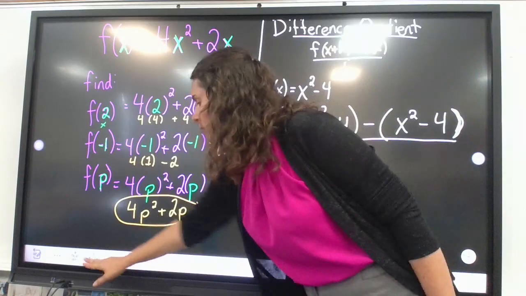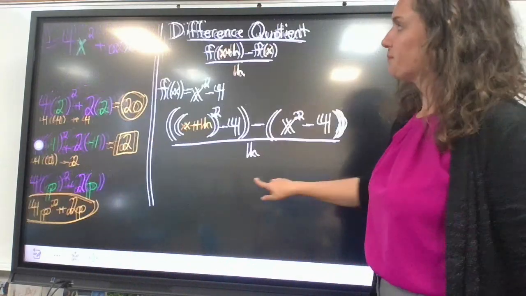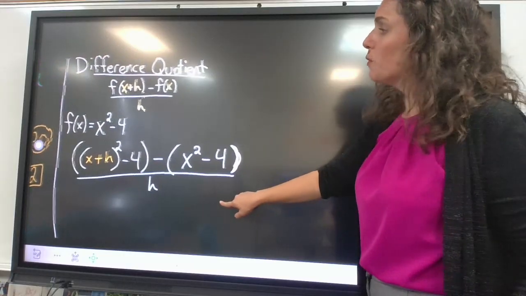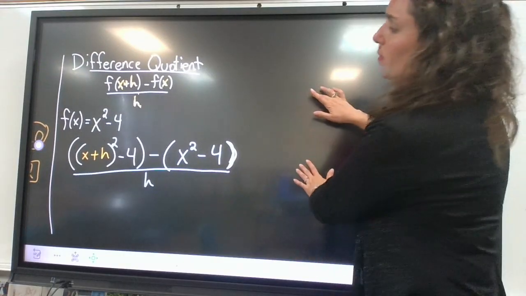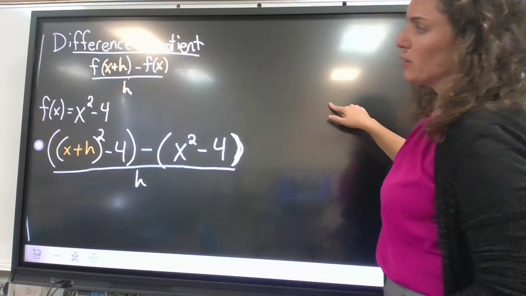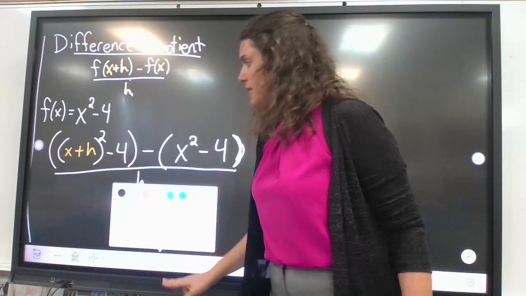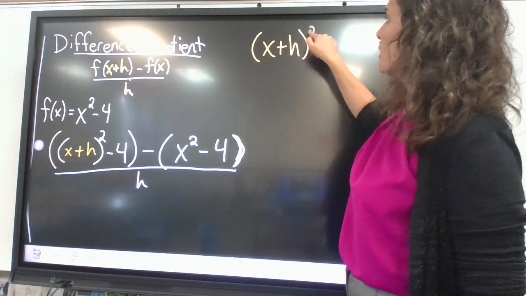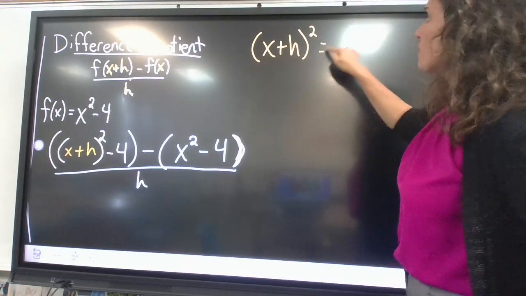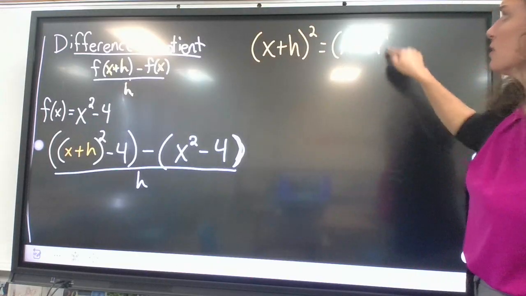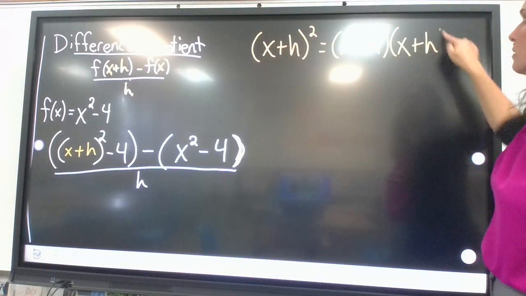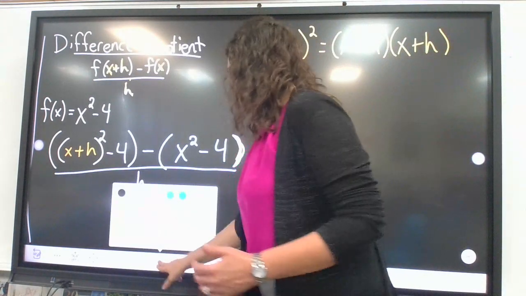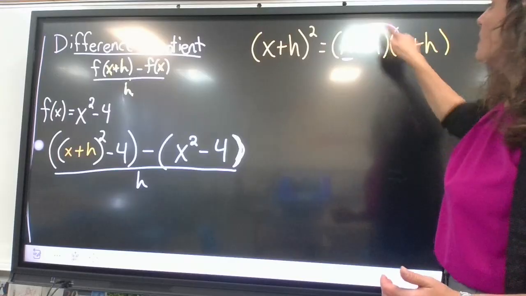That means we're going to have to be multiplying those together, which is called FOILing or multiplying two binomials. So we're going to take a moment and write it up here. So x plus h squared. How do we do that? Well, that's the same as x plus h times x plus h. And to multiply these together, we take our first x and multiply by both things.